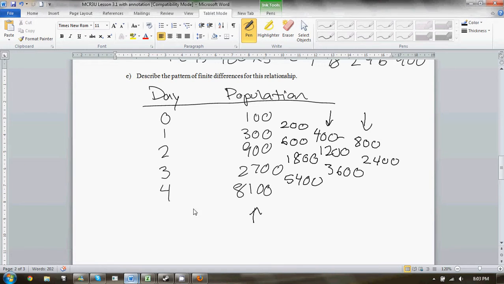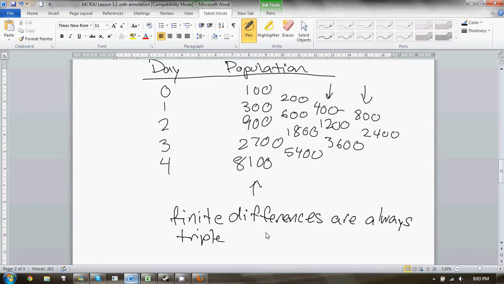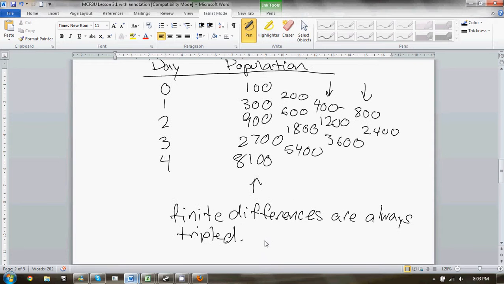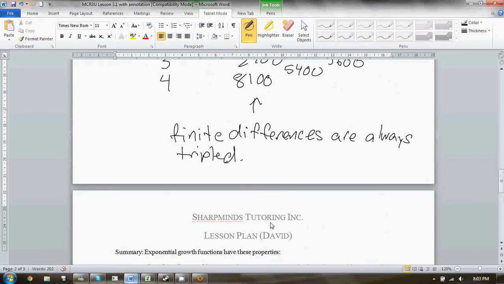So the pattern for finite differences is, well, actually, probably a better way to say it: successive finite differences are always tripled.